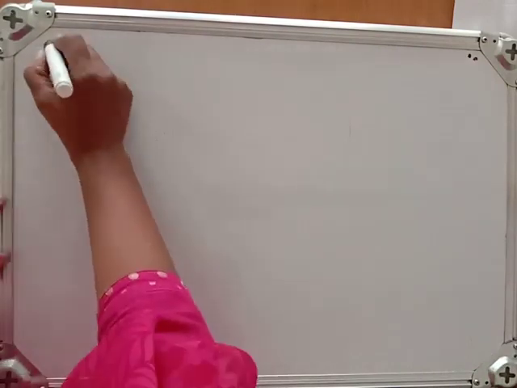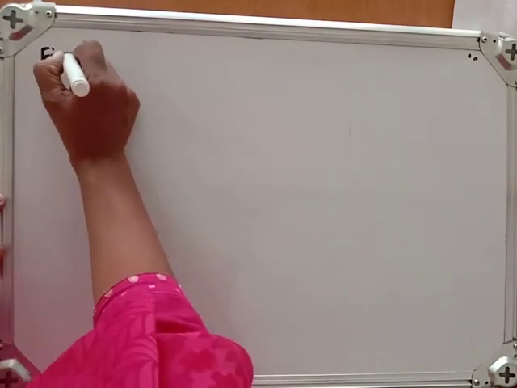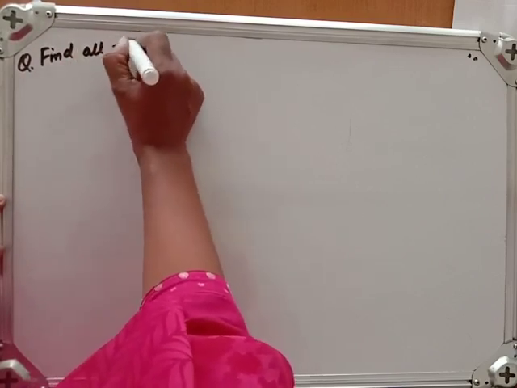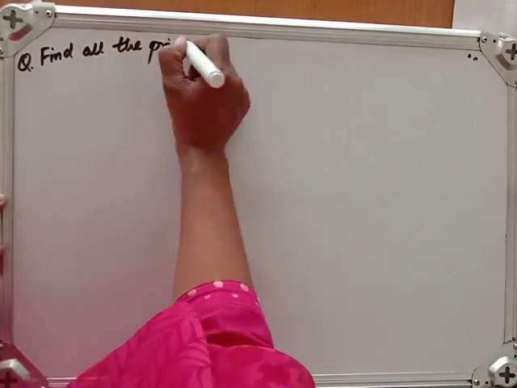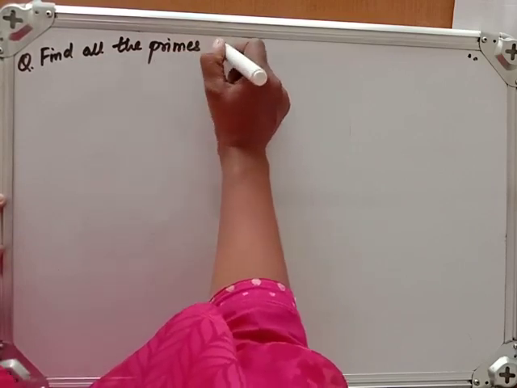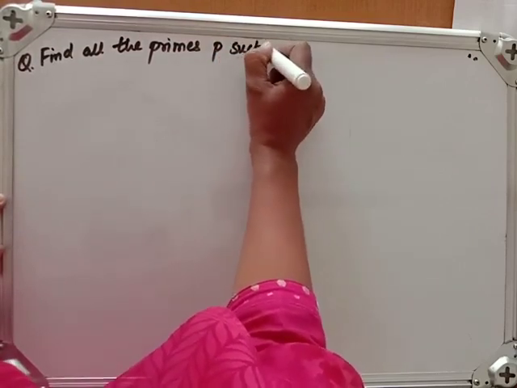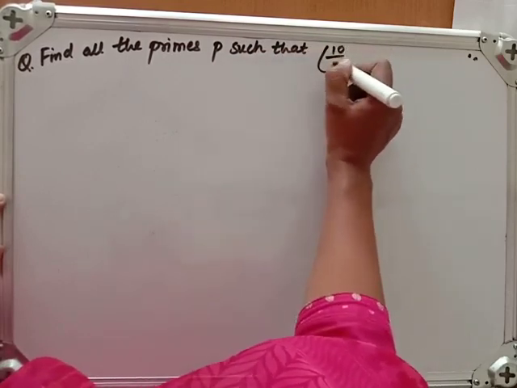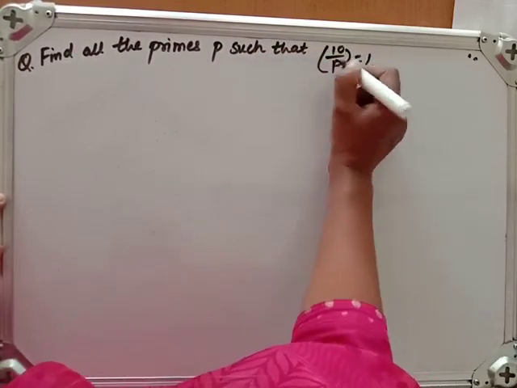It says find all the primes p such that the Legendre symbol of 10 by p is 1.